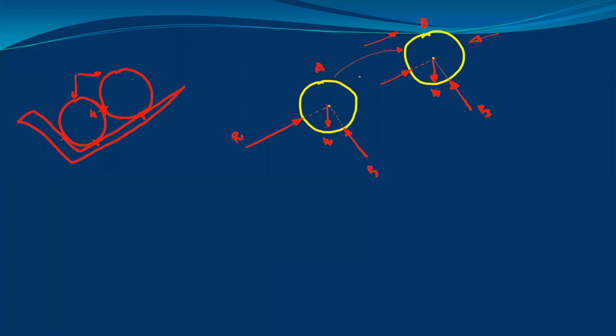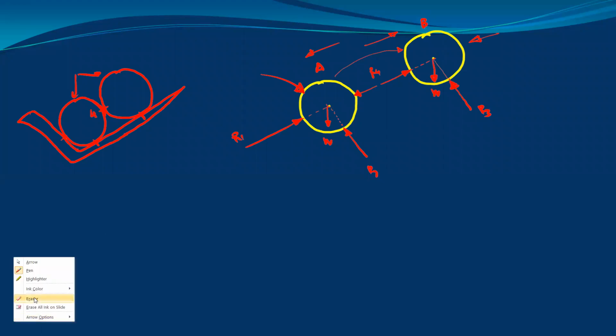Similarly, if you consider the free body diagram for pipe A, this reaction will be opposite. So this is the direction. The meaning is that pipe B will try to push pipe A in this direction. This is the common reaction, R4. So this is your complete free body diagram for pipe A and pipe B.